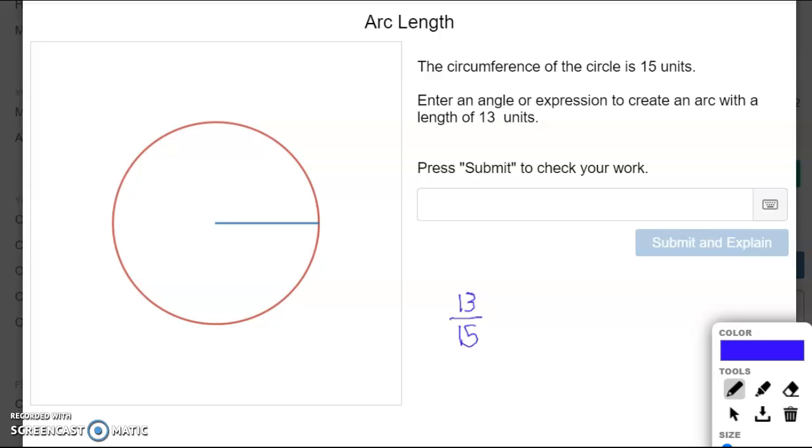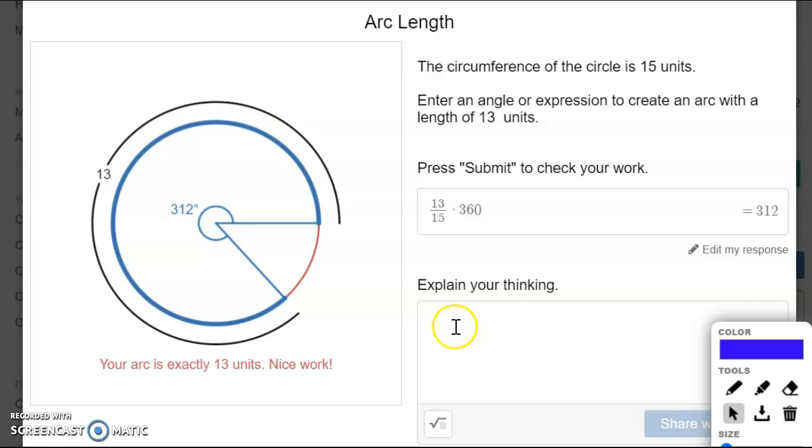I want 13 over 15 of a whole circle, and since we're dealing with angles, we're going to be multiplying by the total whole angle, 360 degrees, and that's what I should be entering. And you should be explaining something like, 13 over 15 is the portion of the circle that I'm interested in, and the whole circle revolution angle measure is 360, so that's what I'm multiplying by.